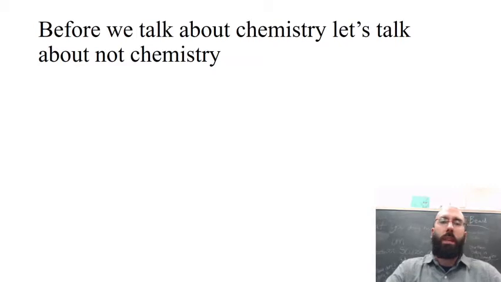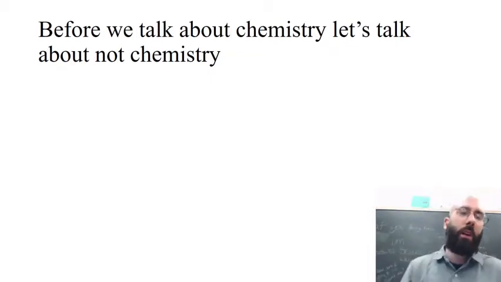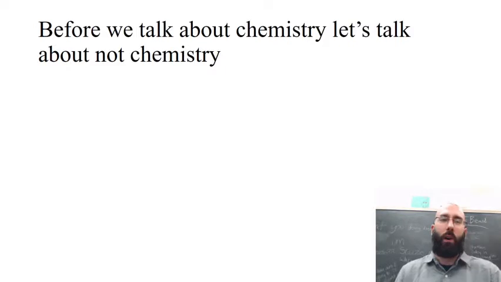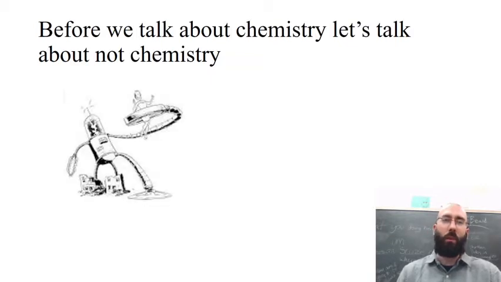Before we really get into the chemistry, let's have a little example that has very little to do with chemistry. We'll look at this small example to demonstrate a little bit about what stoichiometry is. Let's say we want to build a robot, and of course, with our robot we're going to take over the world.